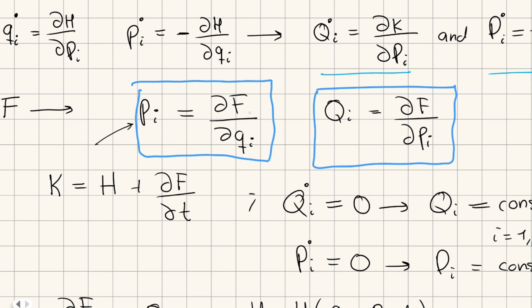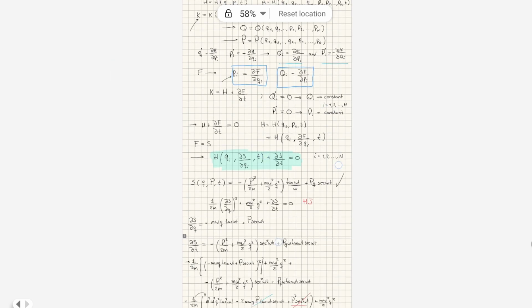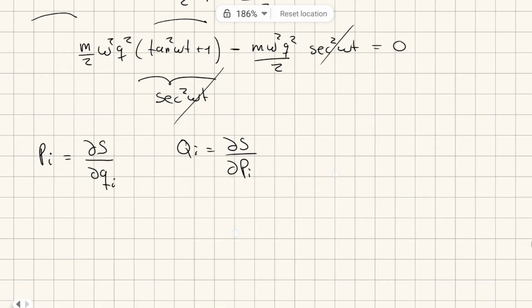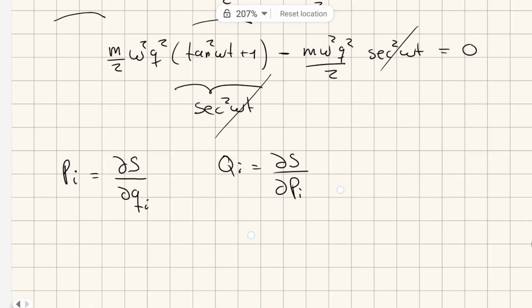Remember, we named this f as s, so f is the same as s. So that means that we can find that pi is equal to the partial of s with respect to qi, and qi is equal to the partial of s with respect to upper pi. Remember, in this case, looking that it is one-dimensional, our problem, we can just erase this i like this.